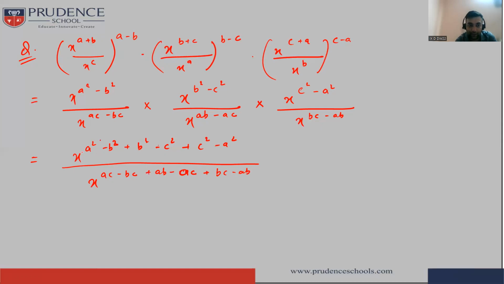So you can see here a square is getting cancelled, c square is getting cancelled, and also b square is getting cancelled. Similarly, in the denominator, ac is getting cancelled, bc is also getting cancelled, and similarly ab is also getting cancelled. So x raised to power 0 upon x raised to power 0, which can be written as 1 upon 1. So the final answer is 1, right?